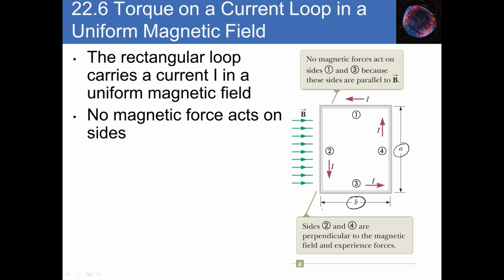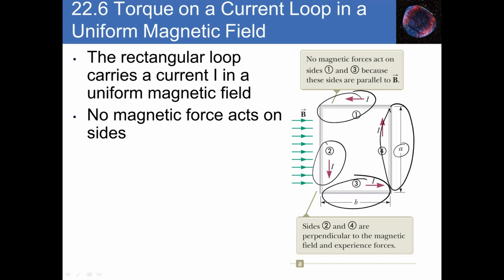So let's say I have to break it down into 4 segments: segment 1, segment 2, segment 3, and segment 4. And I want to look at where I get magnetic force. Which segments actually will have magnetic force acting on them and which will have 0 force?